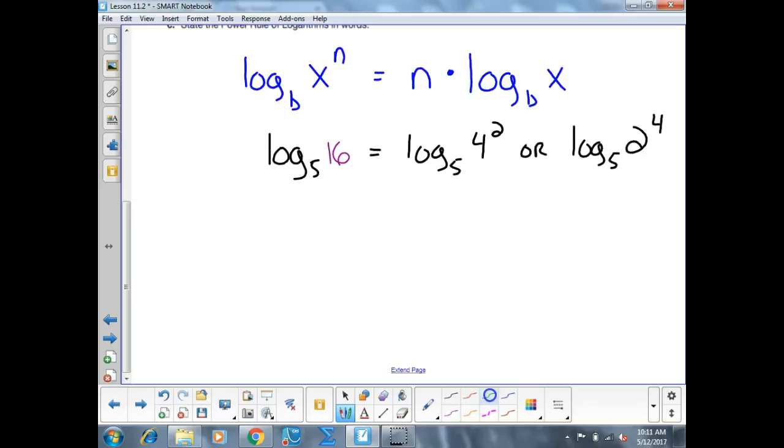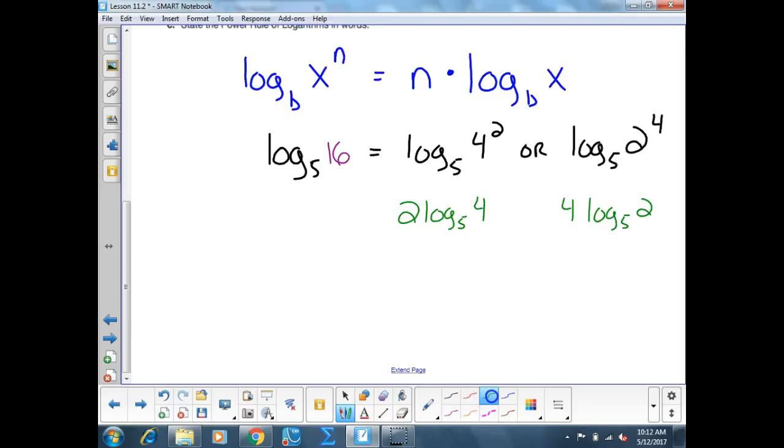It's 4 to the second or it's 2 to the fourth. Okay. So what the power property says is that 2 log base 5 of 4 is the same thing. Okay. 4 log base 5 of 2 is the same thing.